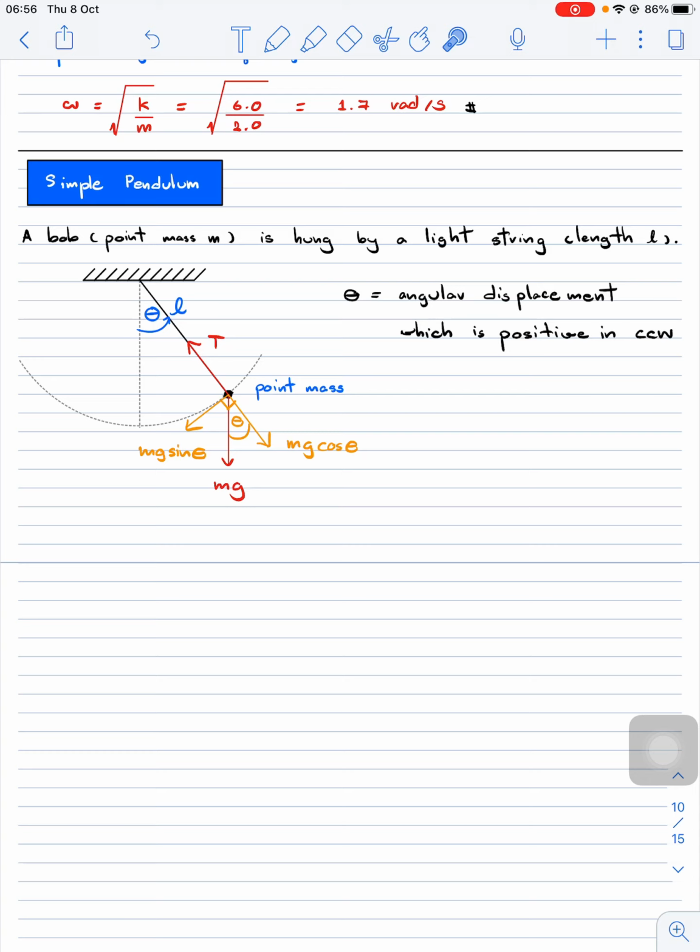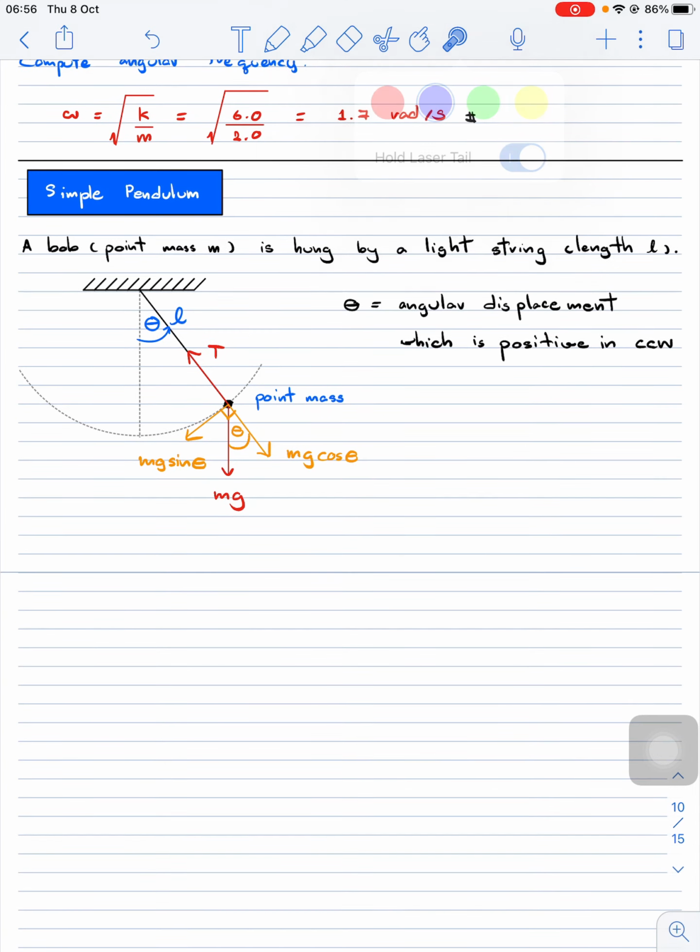One thing that we can get from this picture is that, because the bob, or the point mass, moves along this circular path, the tension here must be equal to mg cosine theta.